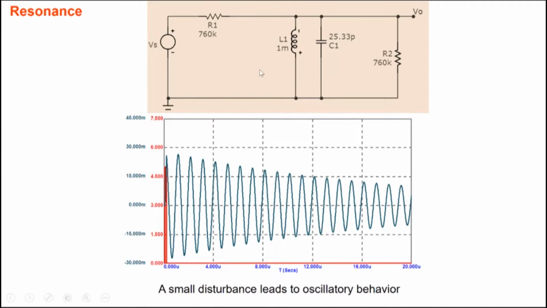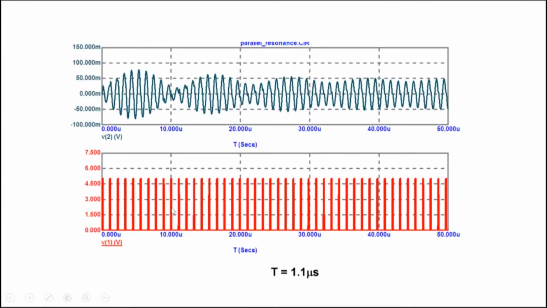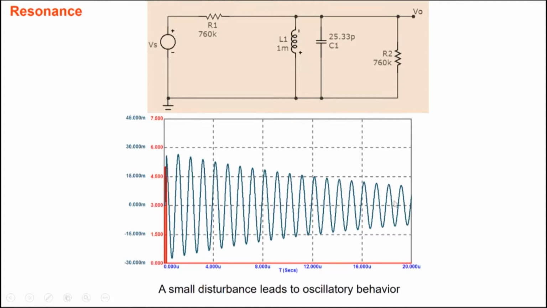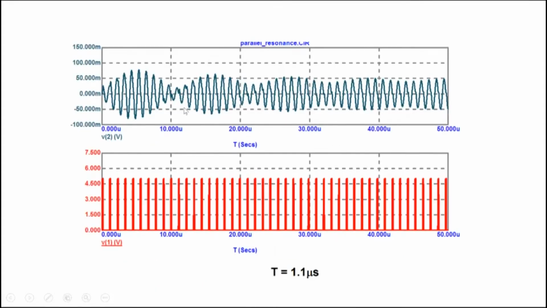Now, the concept of resonance comes into the picture. Suppose I apply not just one pulse, but a train of pulses. In the previous case, the oscillations were dying down. Now we are applying a train of pulses, so we are expecting the system to remain in an oscillatory state.